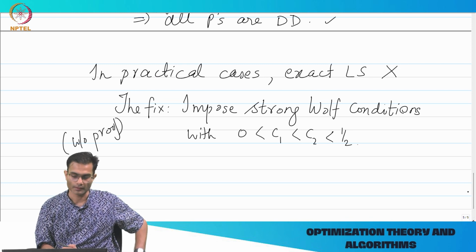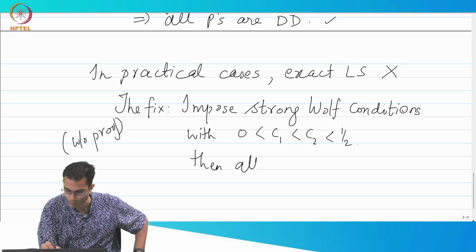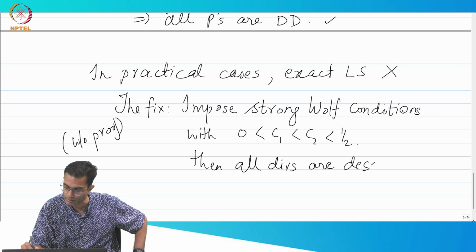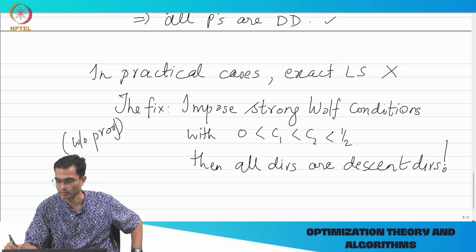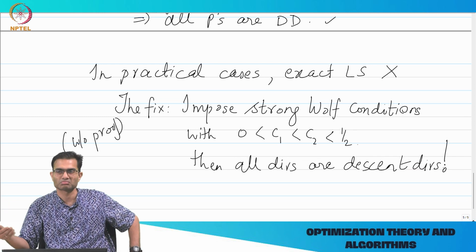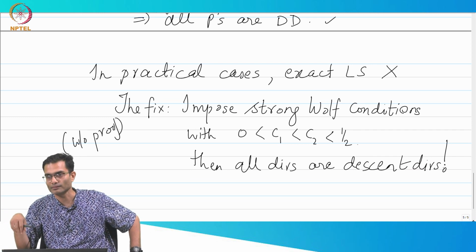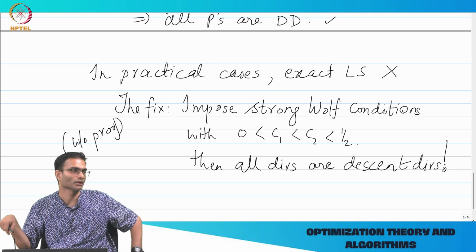If you impose this, then all directions are descent directions. It's a very, very simple to implement condition, so that's why it gets implemented a lot in nonlinear optimization.